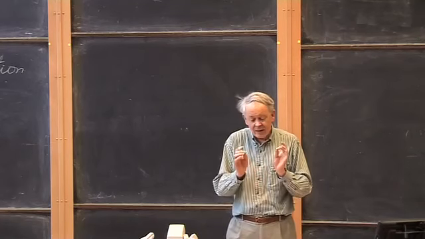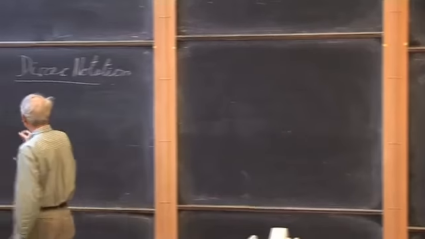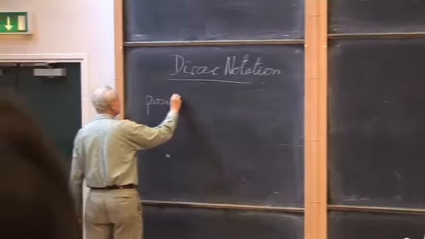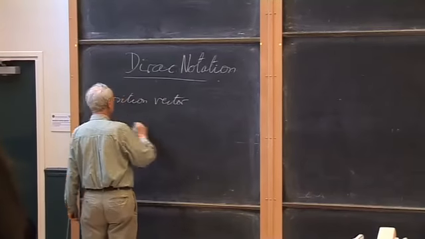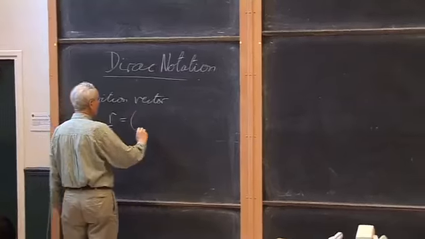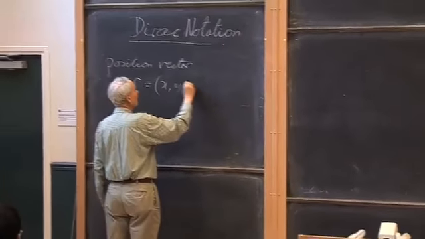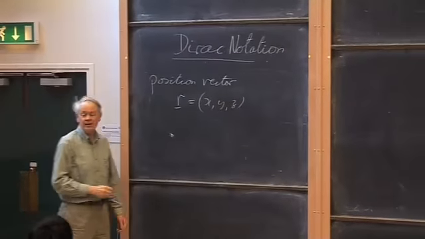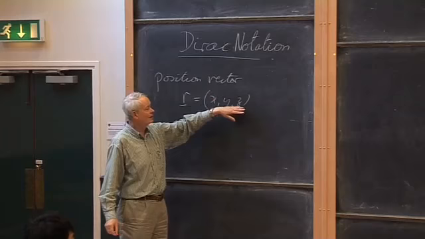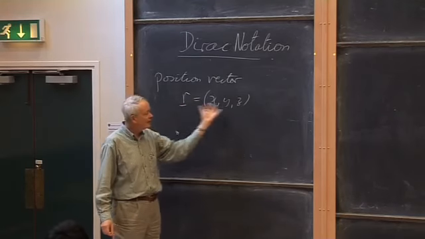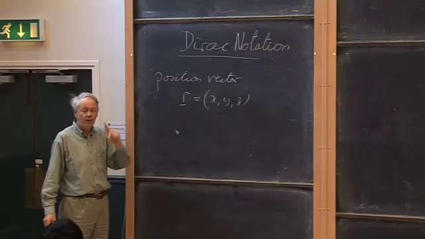So we find it very useful to have the concept of a position vector R, which we understand to be x, y, z. It's a set of three numbers. But it's more than a set of three numbers. It's really an equivalence class of sets of three numbers, because every different coordinate system would have a different set of three numbers, all for the same point.